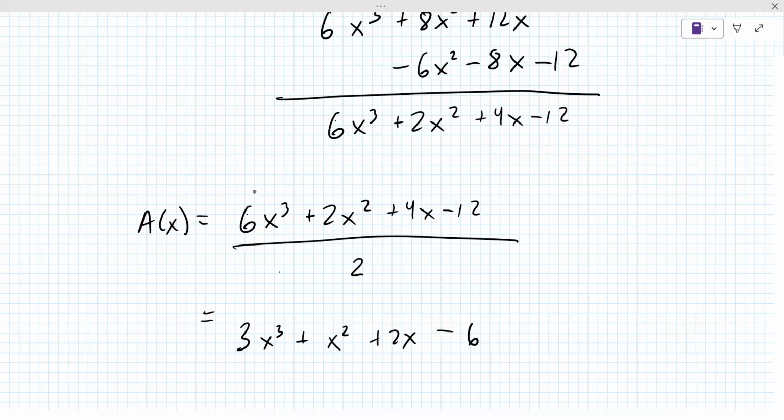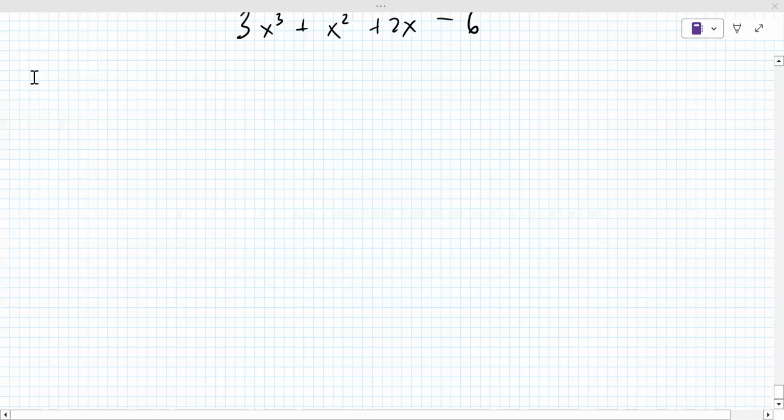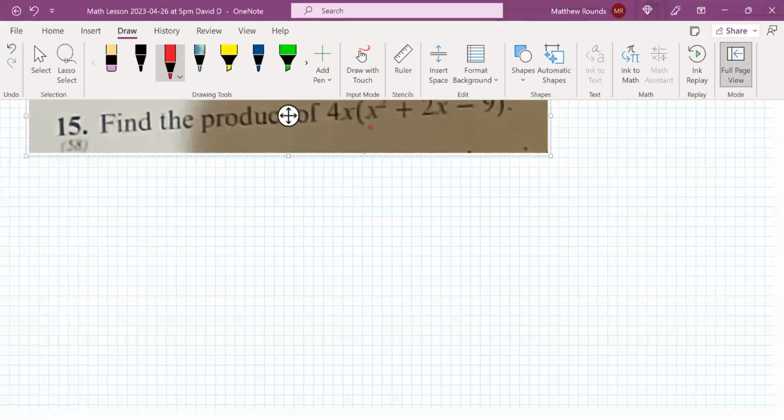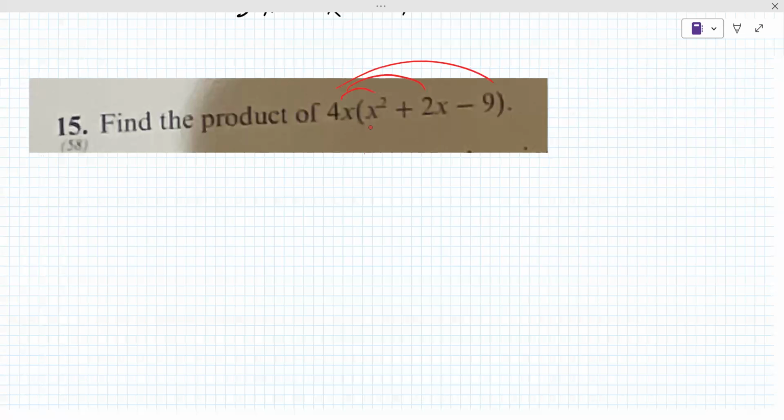Okay. All right. Maybe back to some fast ones. We'll see. Nope. More products. You got all the ones with products. This one's not as long for 15. They're cutting you a break. So you're going to take this 4x and multiply it by each of these. There is nothing to combine this time. That only happens when you have more than one thing on the outside. Let me just try it real quick.